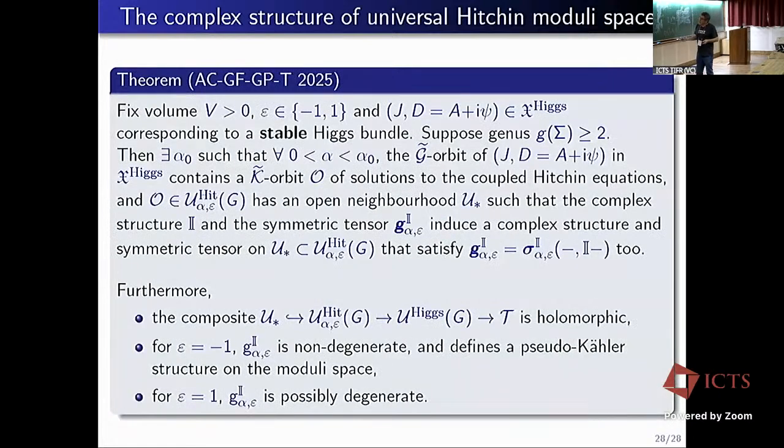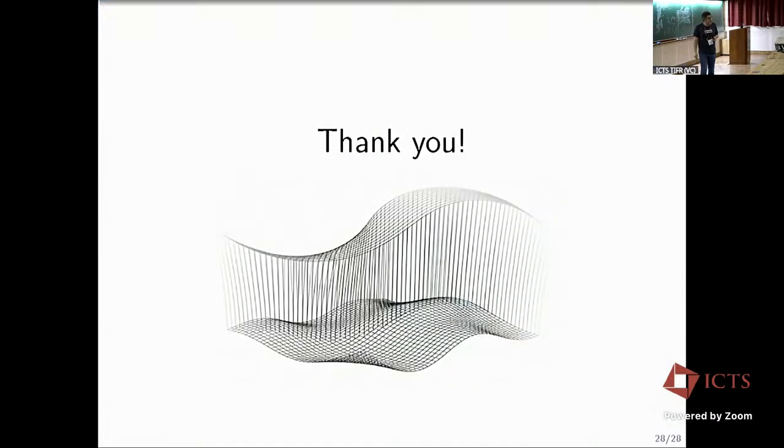As in the previous case, this map is holomorphic, and the proofs are very similar. And in the minus one case, we have a pseudo-Kähler structure on the moduli space, because it's non-degenerate in that case. So that's it. Thank you.